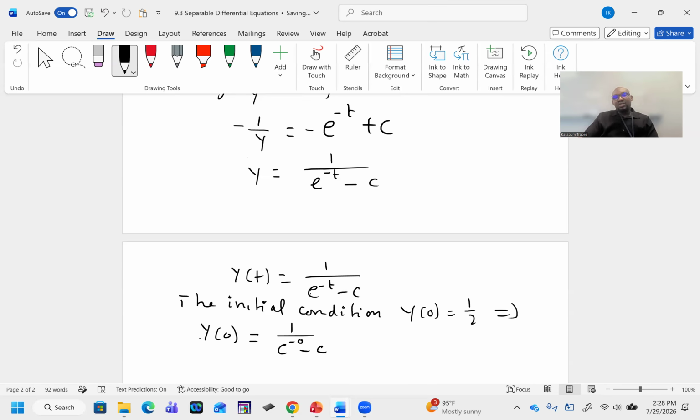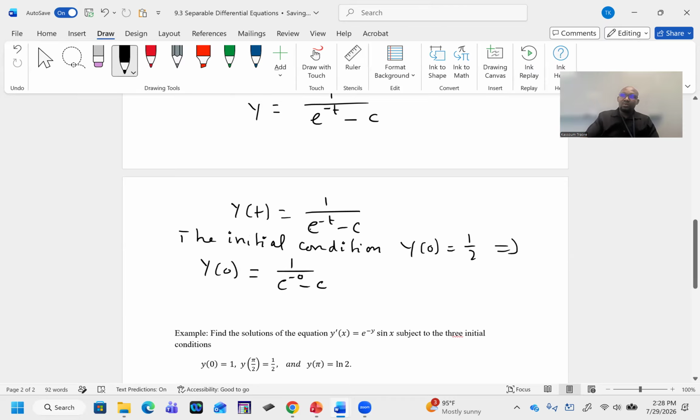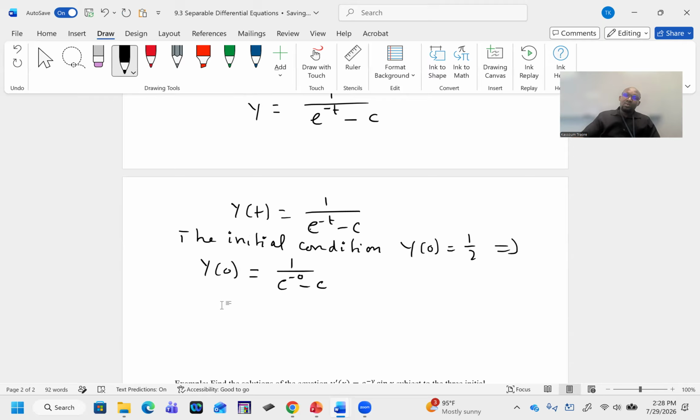So e to the power of 0 is 1, so 1/2 would be equal to 1 divided by 1 minus c, right?